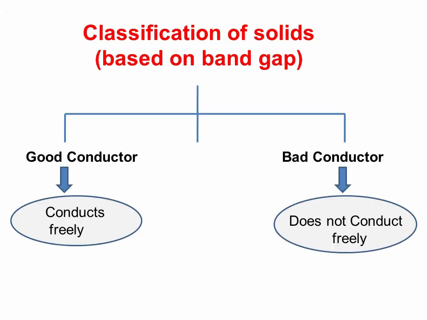Based on band gap, solids are classified into three types. The first one is good conductor, which conducts electricity freely. The second one is bad conductors or insulators, which do not conduct electricity freely. The third one is semiconductor, which has both properties of good conductors and bad conductors.